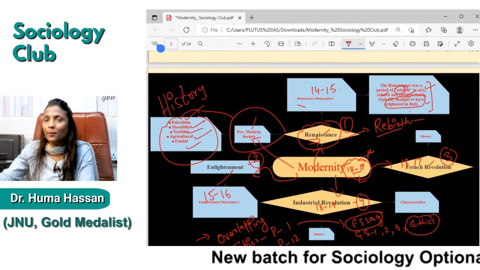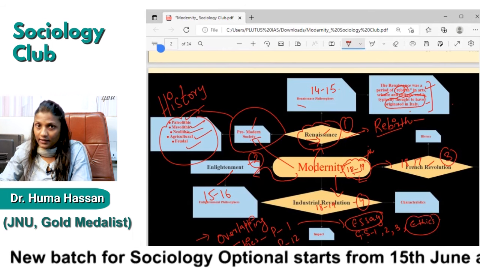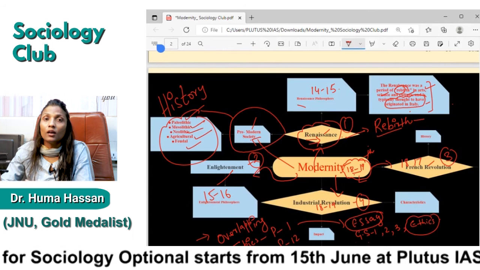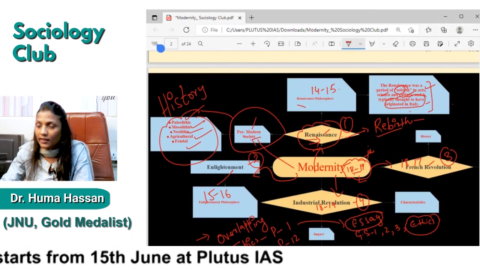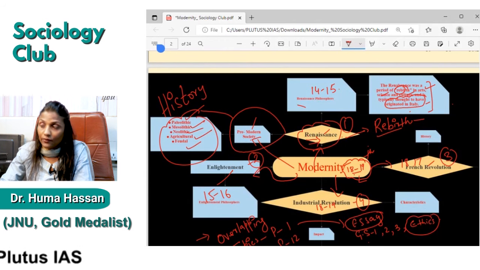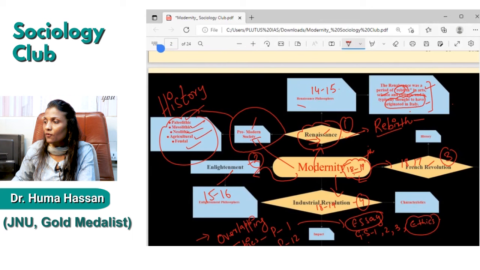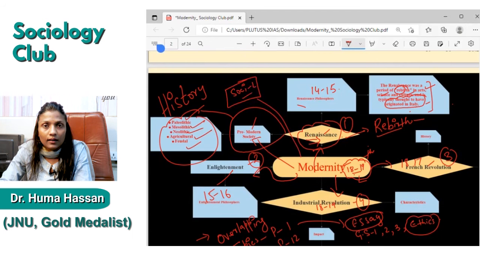This is a ready-made flow chart for each topic, whether modernity, social changes, the classical theorists, or the emergence of sociology. If you make this phase, and I will add more when I discuss social changes and the emergence of sociology. For instance, you can add one more box with social thinkers. This flow chart will add more flavor to your answer and help you fetch good marks.